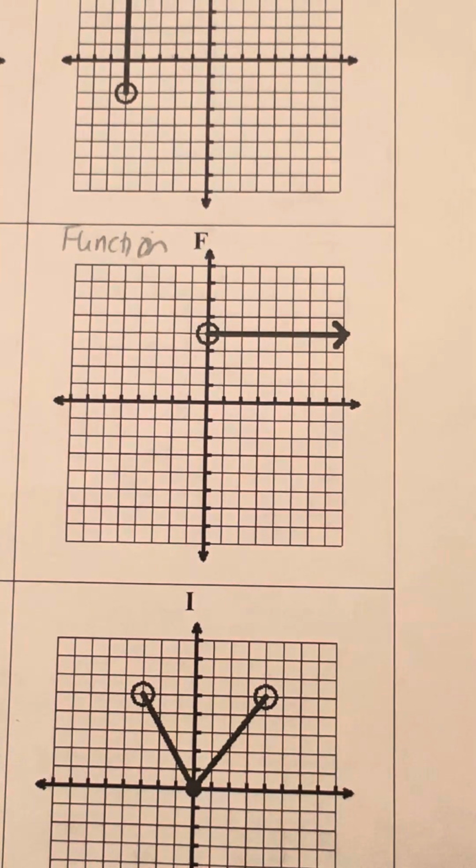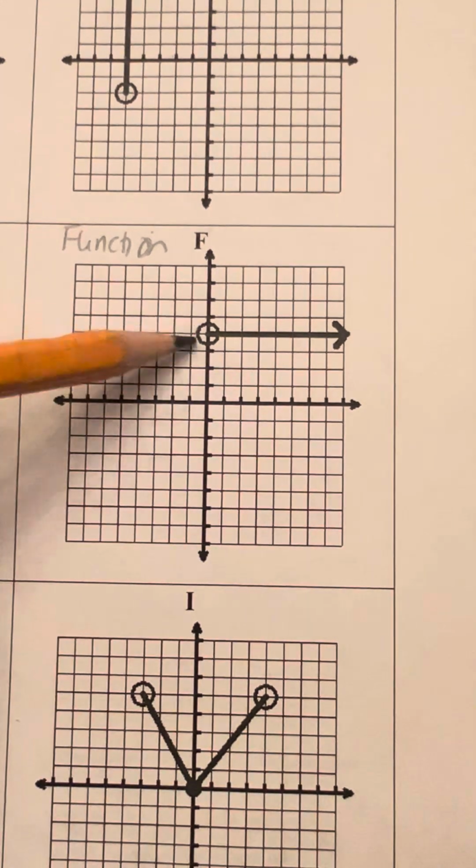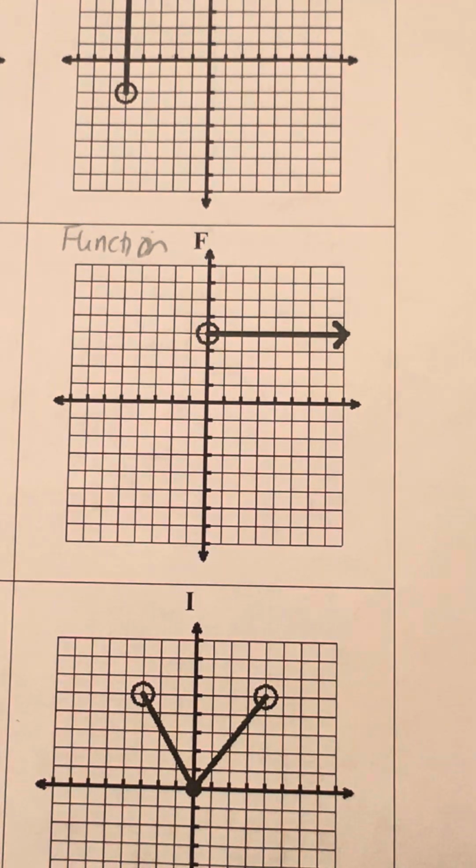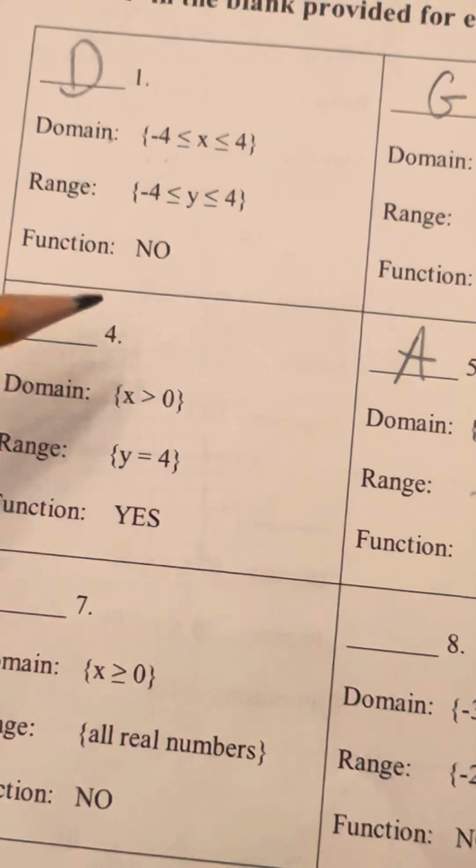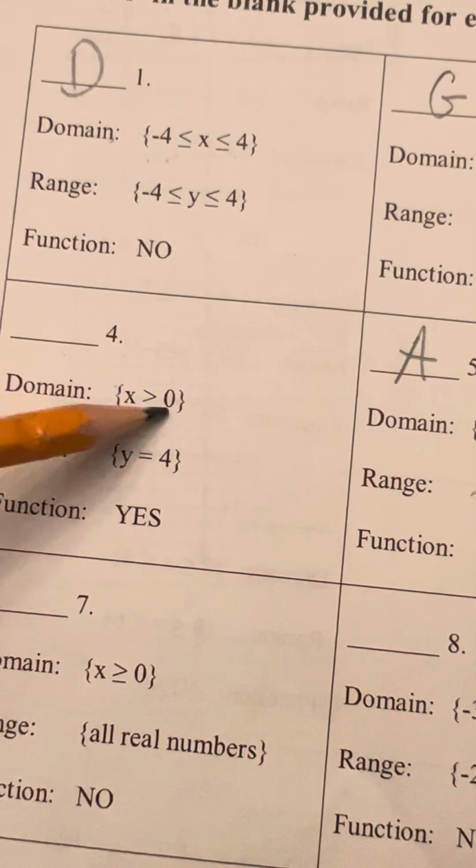And then as far as the x coordinates go, we start at 0, but it doesn't include 0 because there's an open circle right there. And then this goes into infinity forever and ever because there's nothing stopping it. So we write that as x is greater than 0.